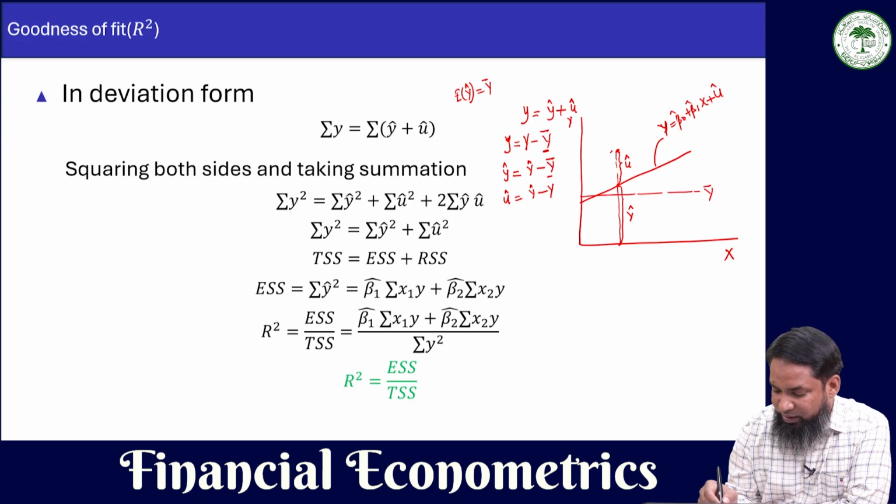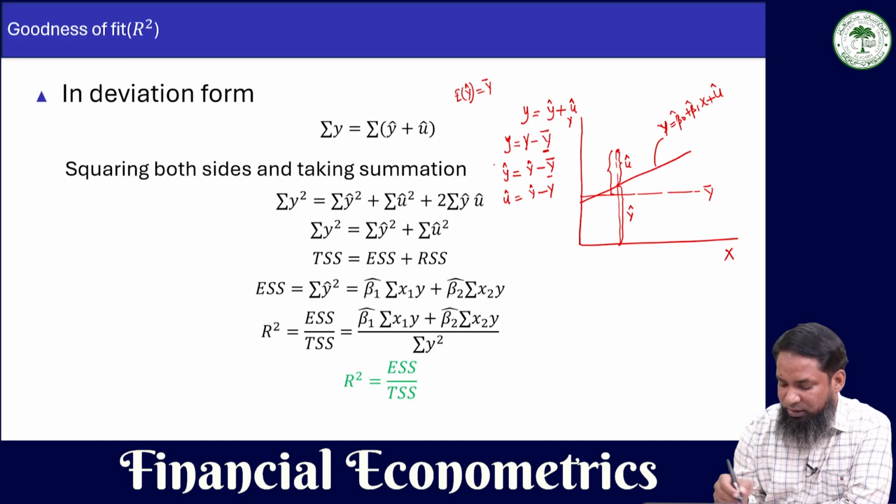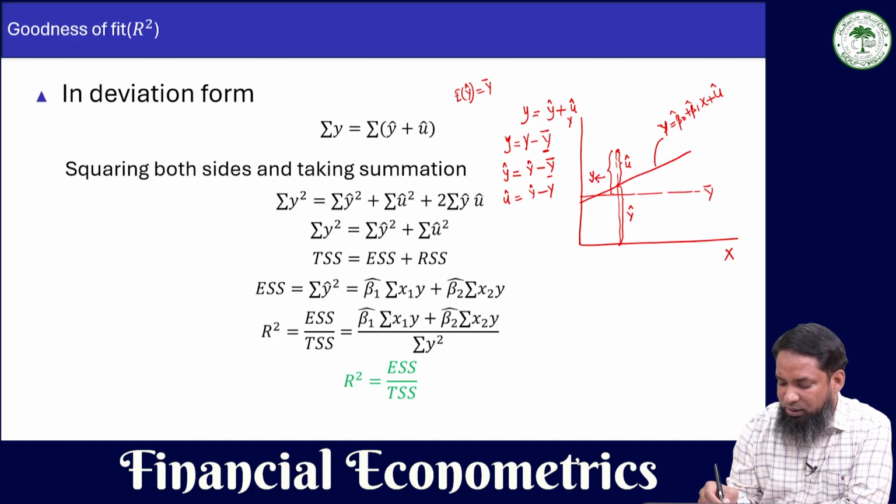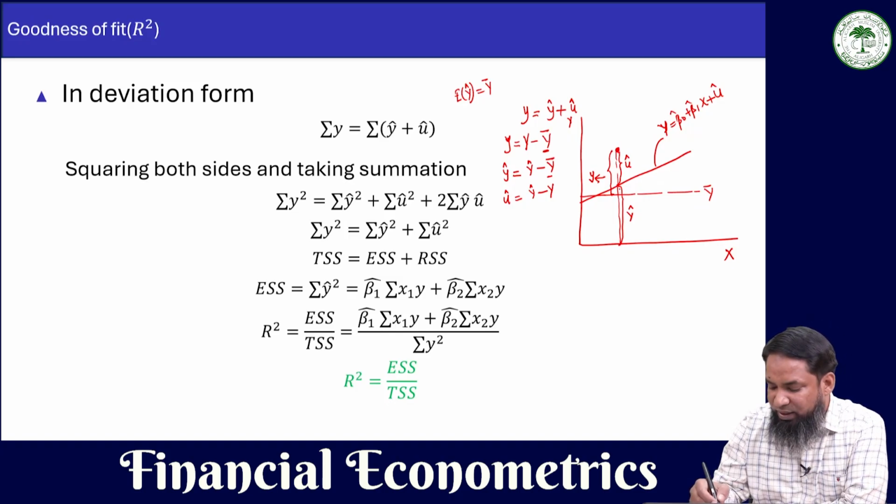The variation from this y bar is what we are capturing using this y. So this is the total variation of this particular observation from the mean. But this variation is in two parts.